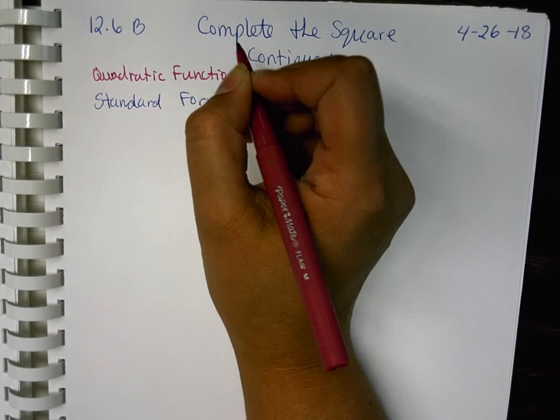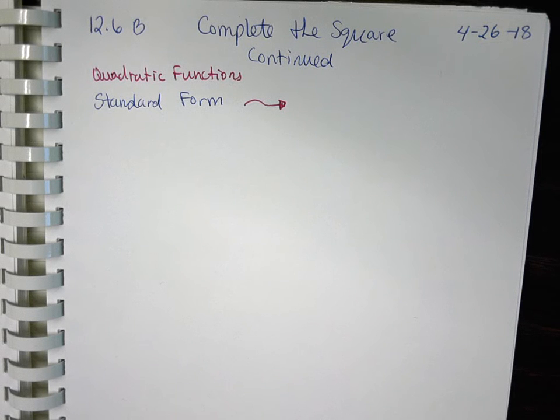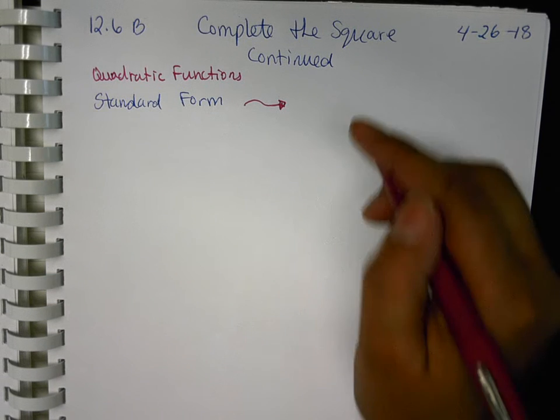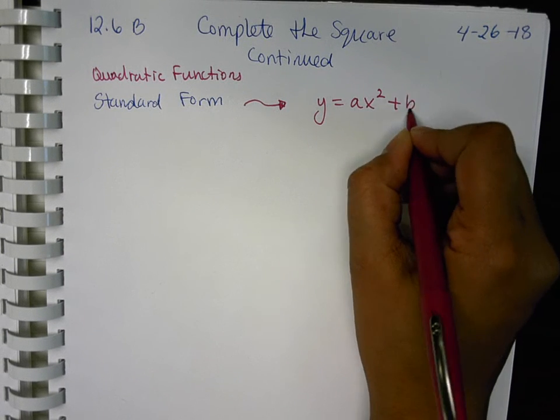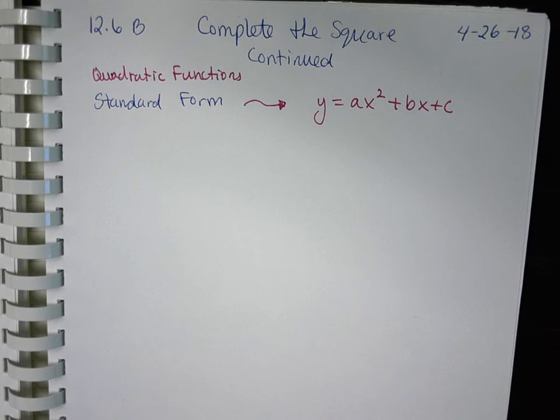Next year you will learn how to graph different types of functions: cubic functions, square root functions, sideways parabolas, all of it. All right, y equals ax squared plus bx plus c.